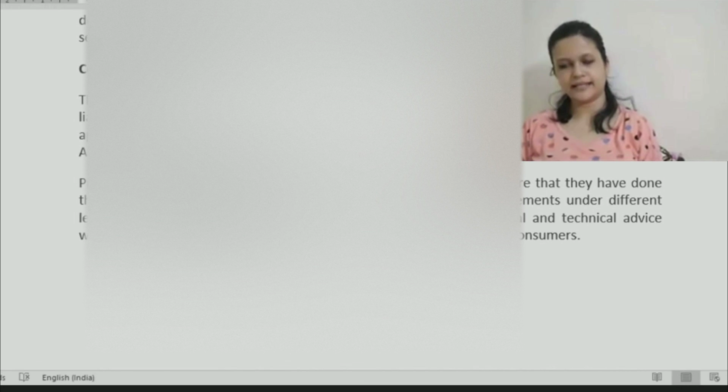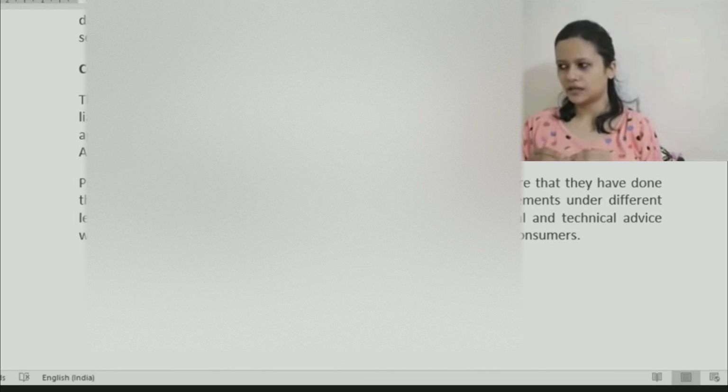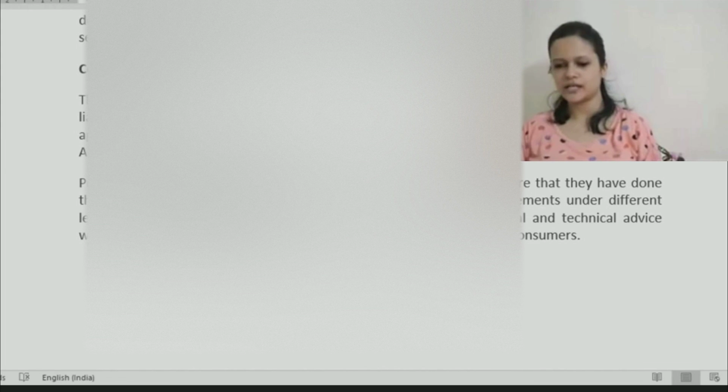It's not just that the customer needs to be conscious about what they are buying, but rather the seller also has some sort of liability. So under these new provisions, we can make all these persons liable whenever there is fault from their end. All right, so you can go through this part and read it also.